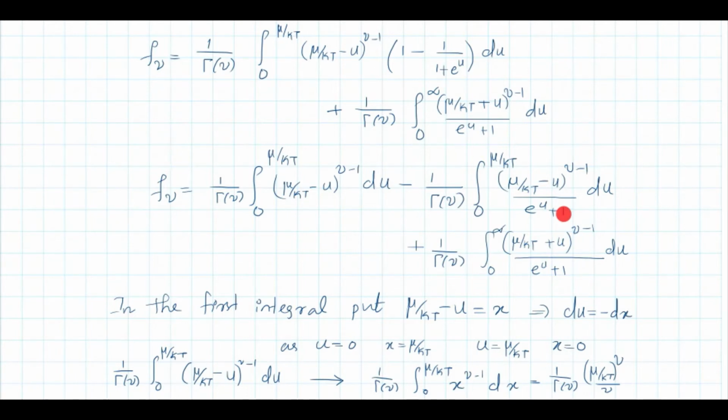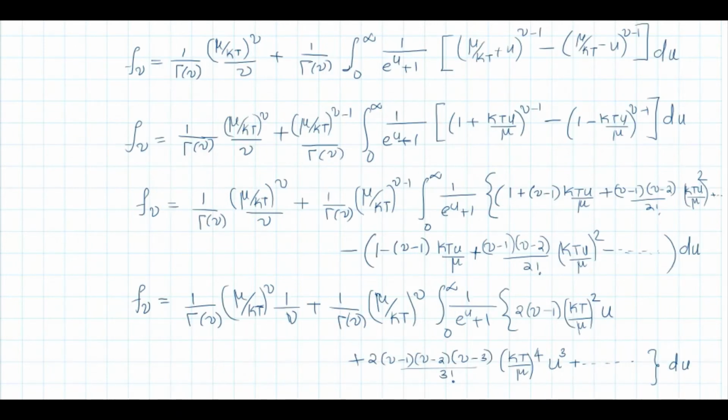It is common. You can take that outside. And in the last term you have mu by kt plus u raised to nu minus 1. And the second last term you have minus mu by kt minus u raised to nu minus 1. That is written here.